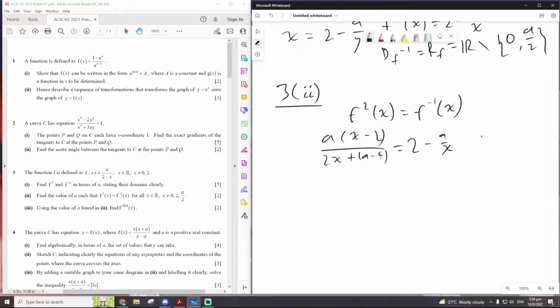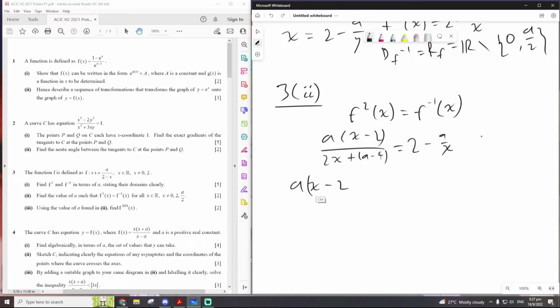Alright. So we're going to multiply out. Actually no, I'm going to cross multiply. There's no need to cross multiply, I can just multiply both sides by x, I think.